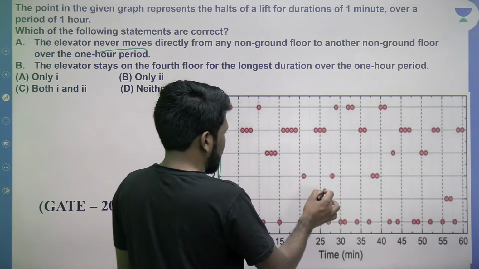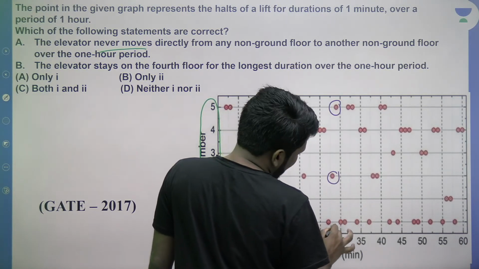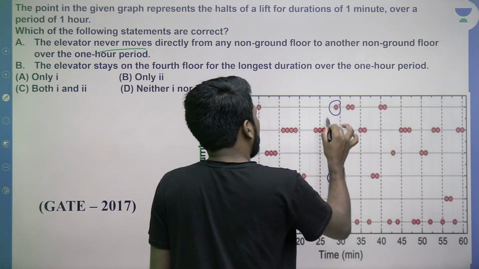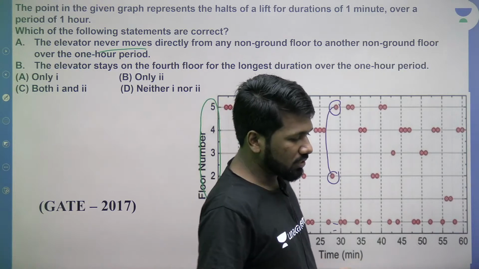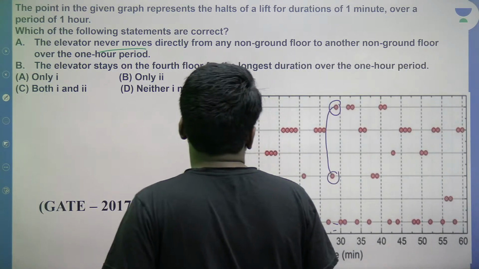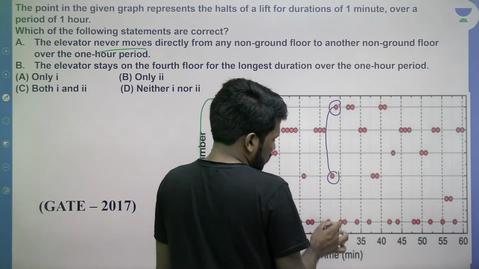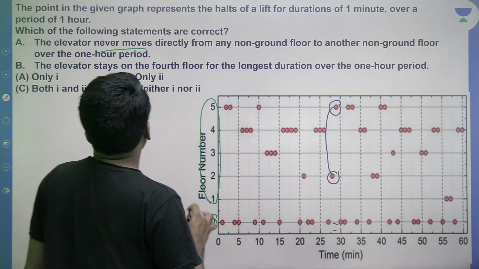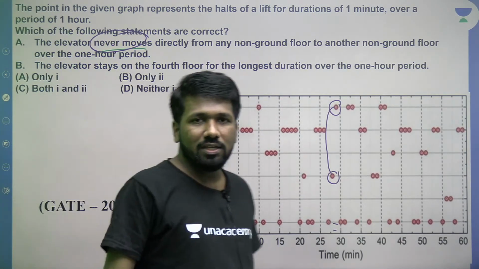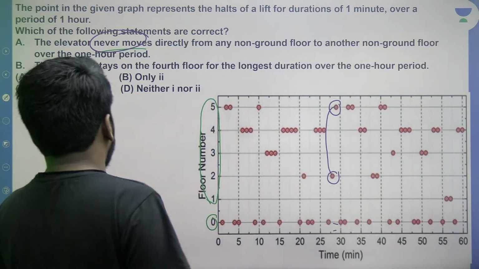Yeah, look at this. This is the black sheep. 28th to 29th minute, it is moving from 2nd floor to 5th floor. That is a non-ground floor to non-ground floor. Did you all understand? The statement claims it never moves, so at least one time it is moving. That is enough to say statement A is wrong.